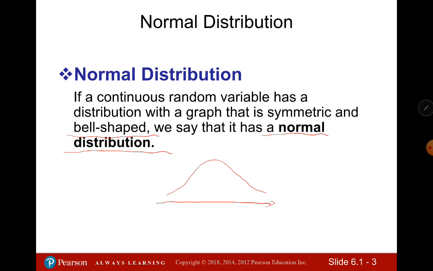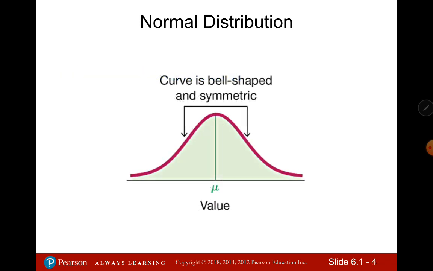Any distribution that follows this curve, we call it normal distribution. Of course, the mu is in the middle, right? So this is our mean value. It should be in the middle because the curve is symmetric.